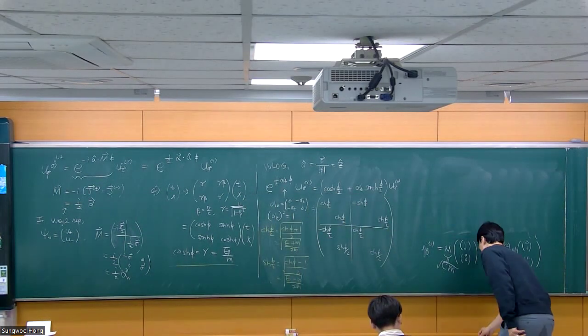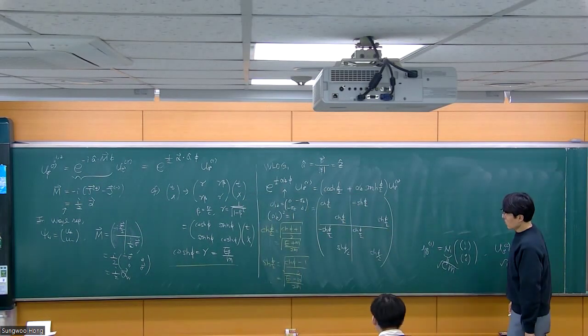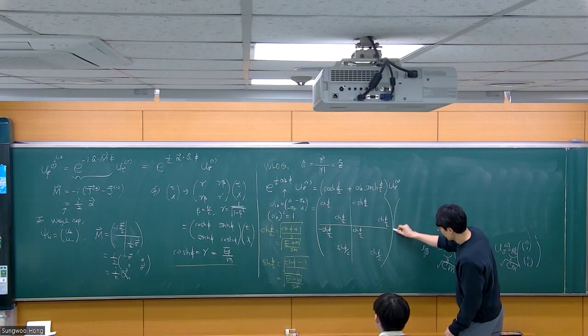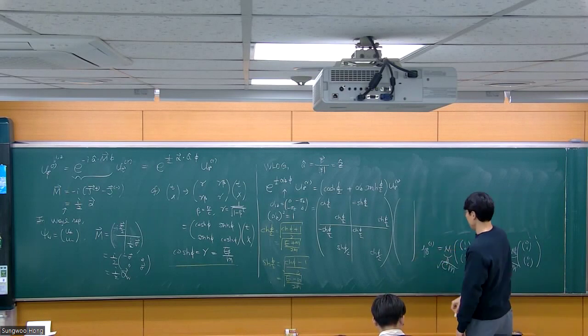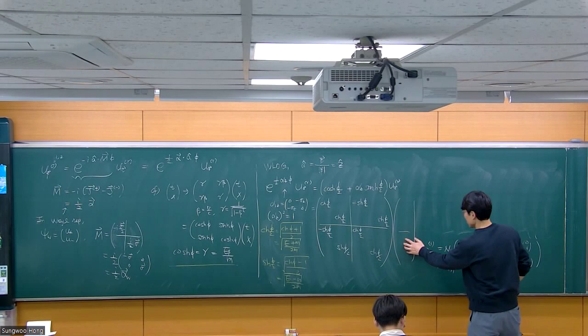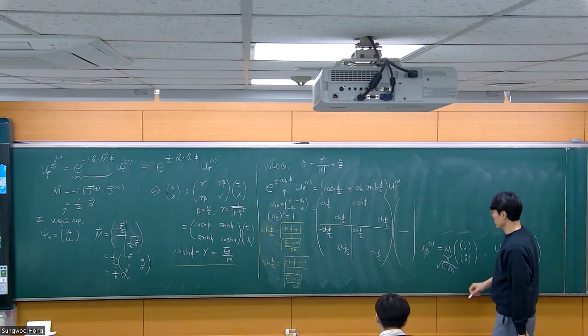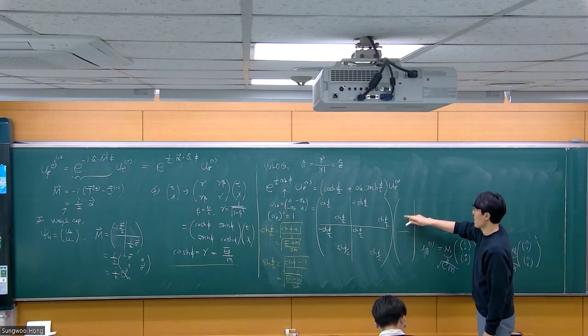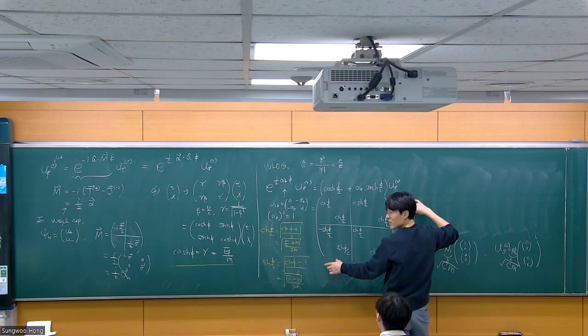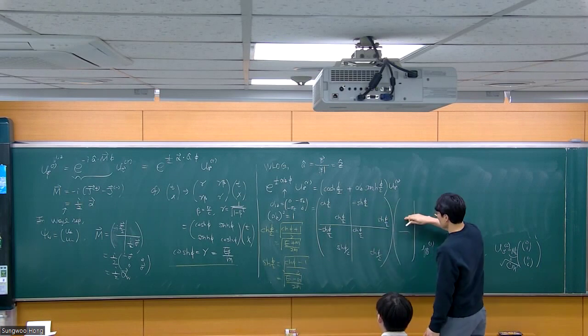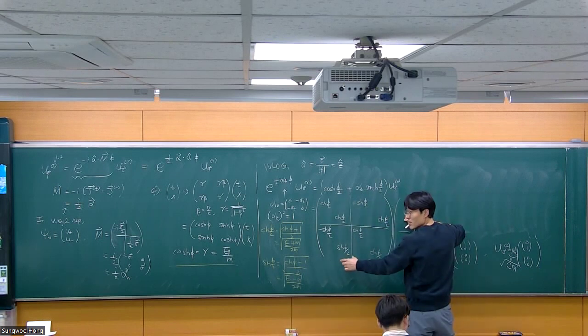We're done. If I now take the four component object, for positive frequency solution, I have either 1, 0 or 0, 1. 1, 0 picks out the first column vector, and 0, 1 picks out the second column vector.